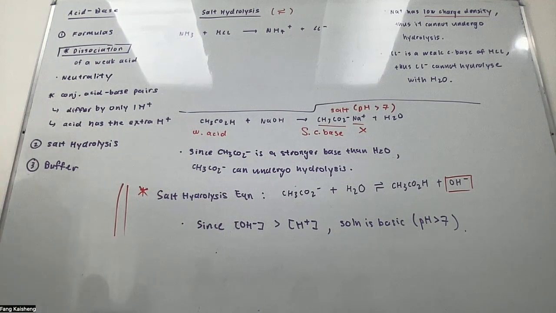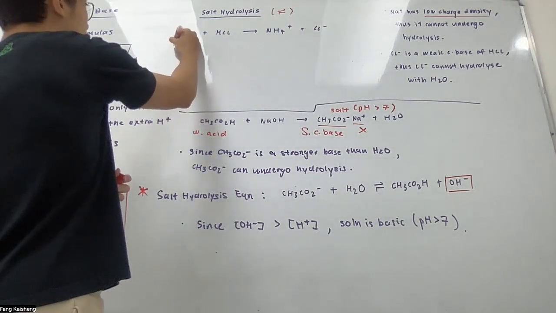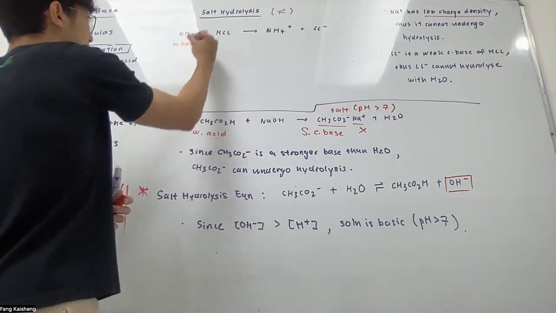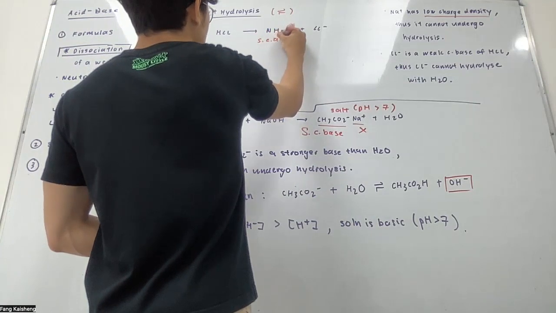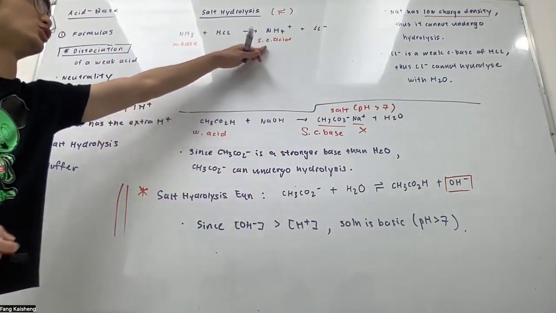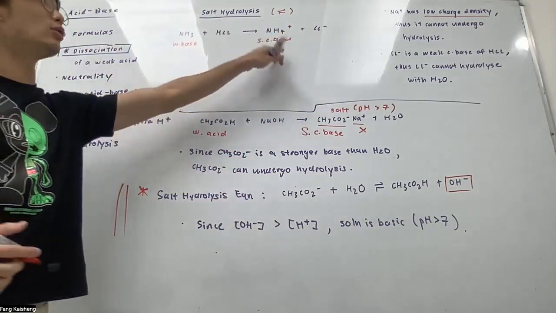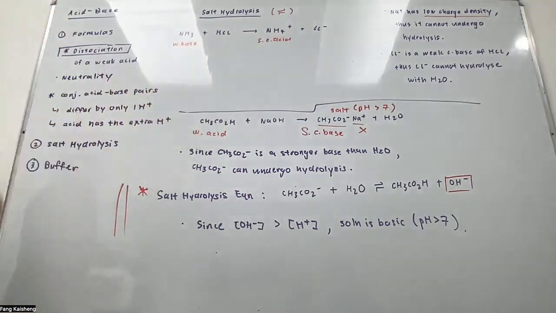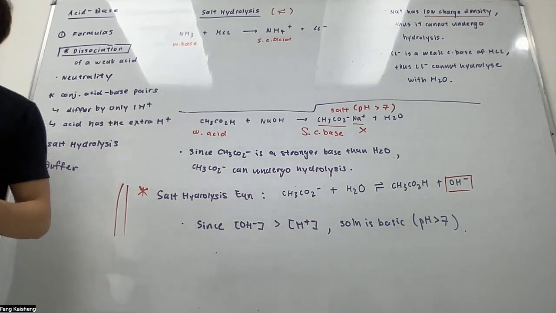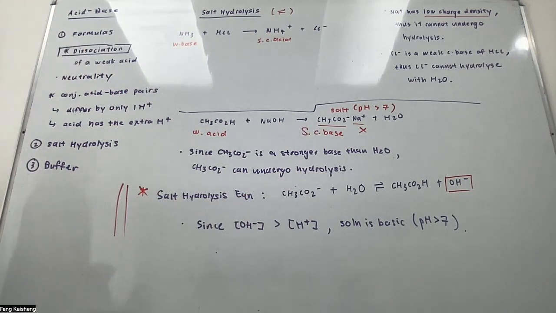A pair, a conjugate acid-base pair? Okay, good. The NH3 is a weak base. NH4 plus is a strong conjugate acid in comparison. Again, it's not as strong as something like HCl. It's still considered weak if you look at it objectively. It's just stronger than this. Okay, we deal with this first.